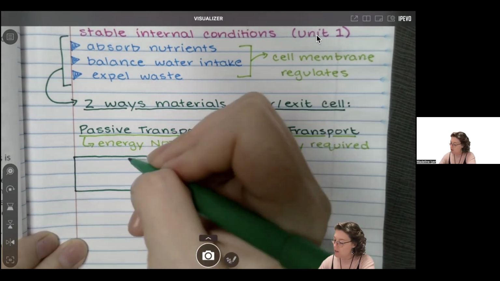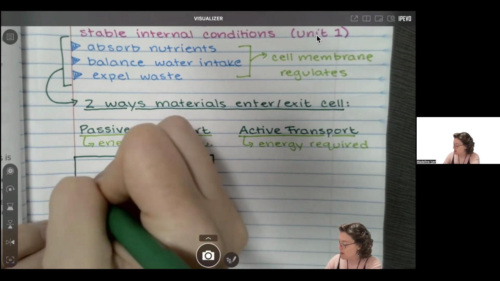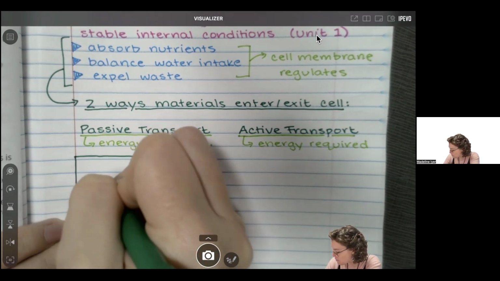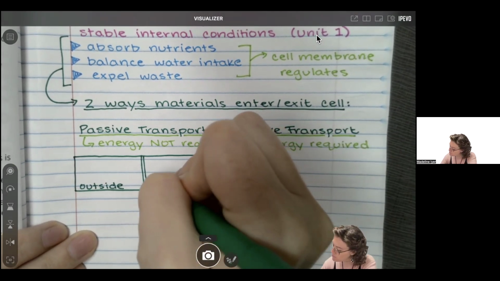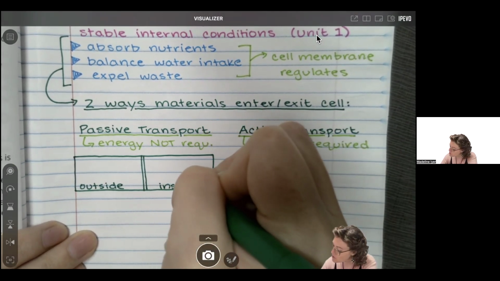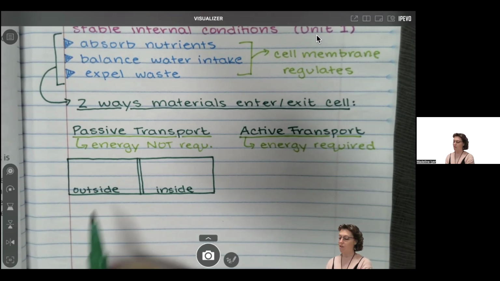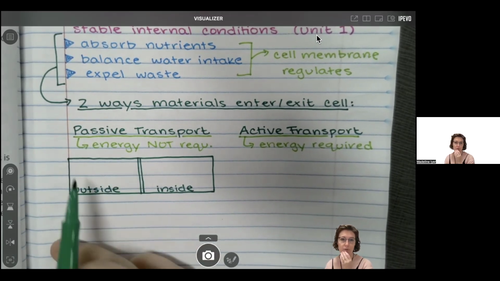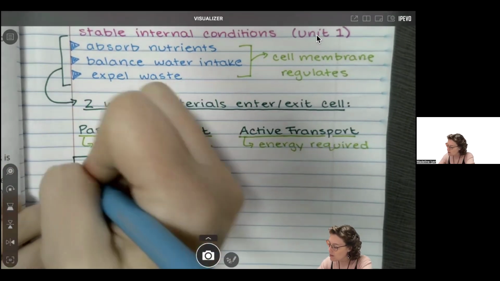Drawing a box, drawing a double membrane through the middle. I'm labeling this side the outside, and I'm labeling this side the inside. Talking about the cell, or maybe we're talking about the inside of the gummy bear. So we have a bunch of water molecules outside the gummy bear. All right, let's draw our little water molecules.